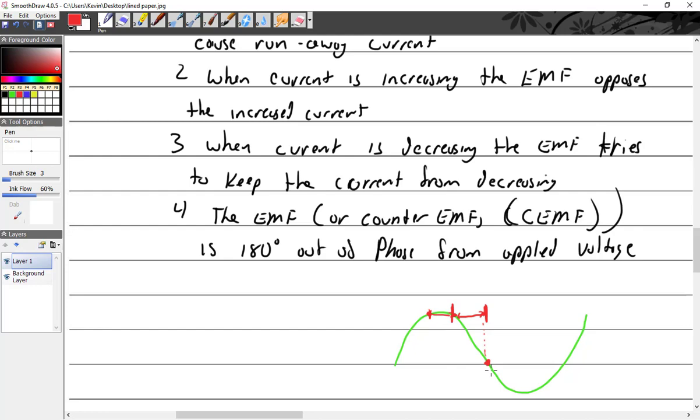So we have this wire then, as the voltage builds up, it says, whoa, stop, I don't want the electrons coming in, everybody stop. And so it starts to push back on the flow of current. Then it peaks out, and we don't have that problem. But then the voltage is going to turn around, go the other way, and it's going to say, stop, no, you can't collapse. So not only does it want to stop it from building up, it wants to stop it from collapsing.